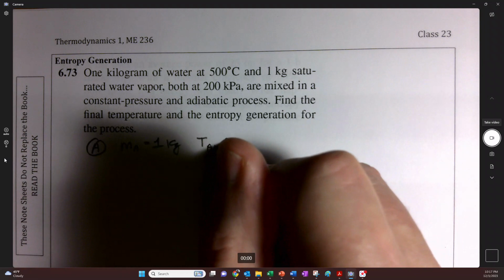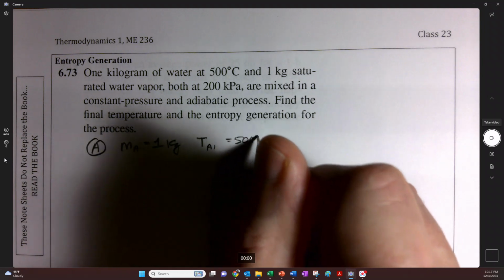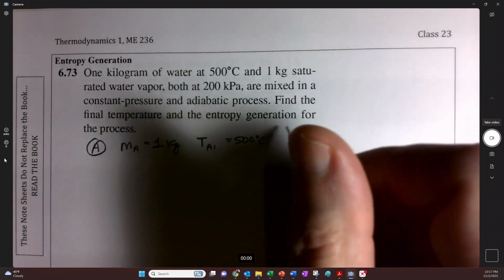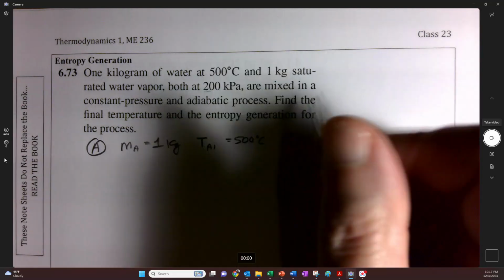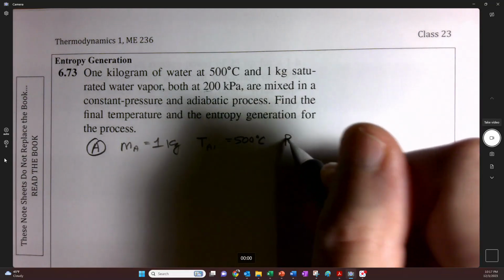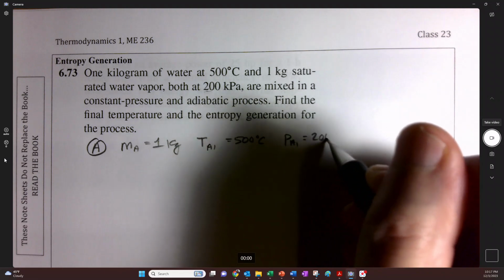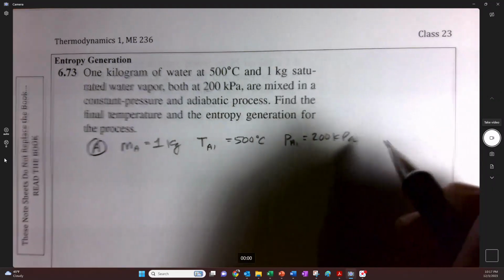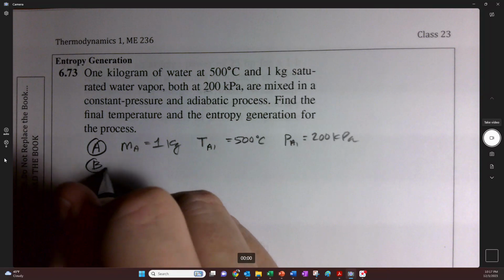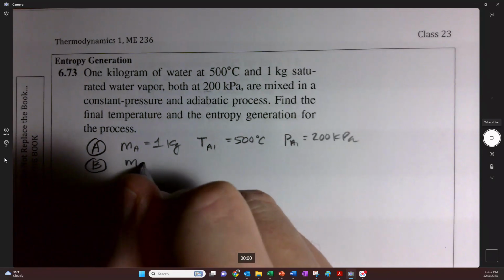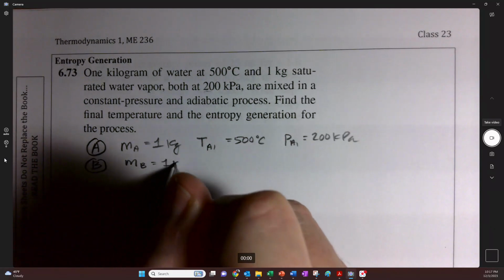TA1 is equal to 500 degrees Celsius, and they said both of them are at 200 kilopascals, so PA1 is 200 kilopascals. And then B, we have MB, 1 kilogram.